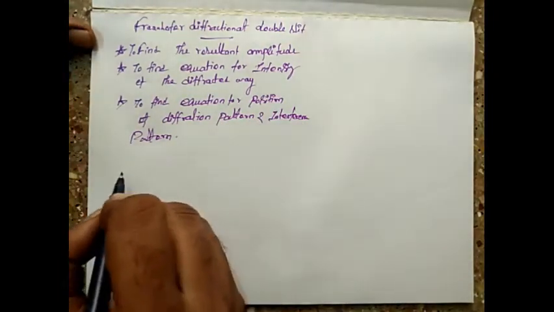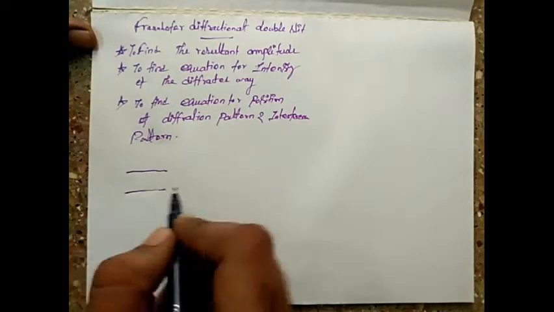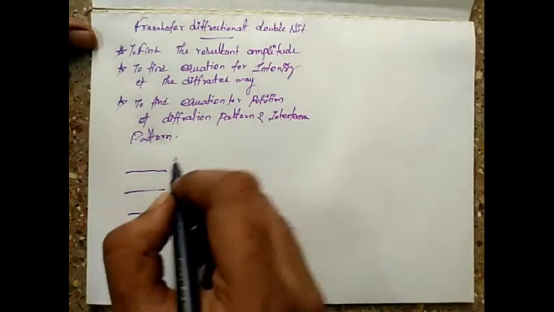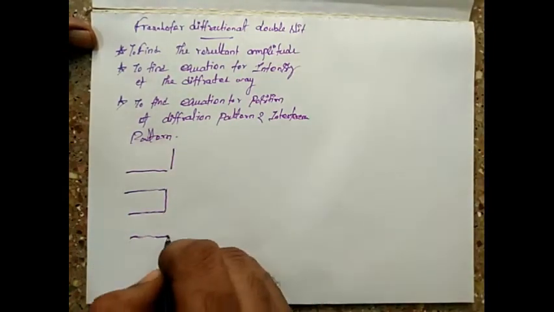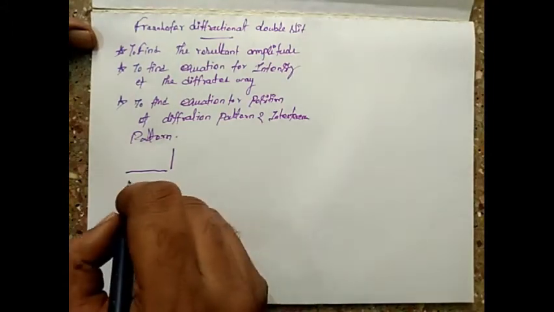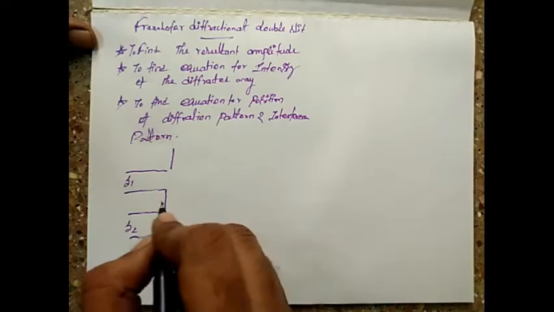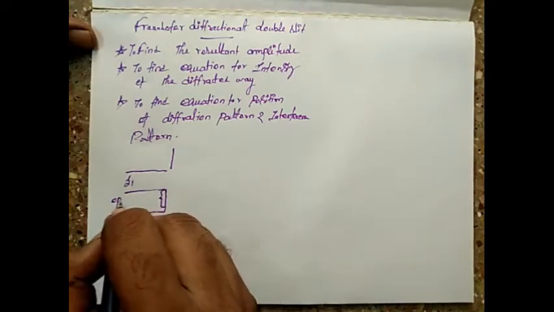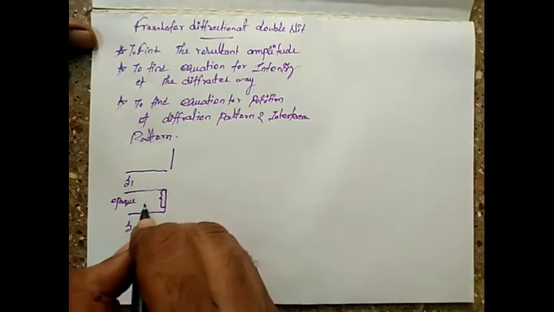So as usual, the parallel rays coming from the source are passed through the double slit. Here it consists of two slits. This one is slit number 1 and this one is slit number 2. This area is opaque. Opaque means the light cannot pass through it.